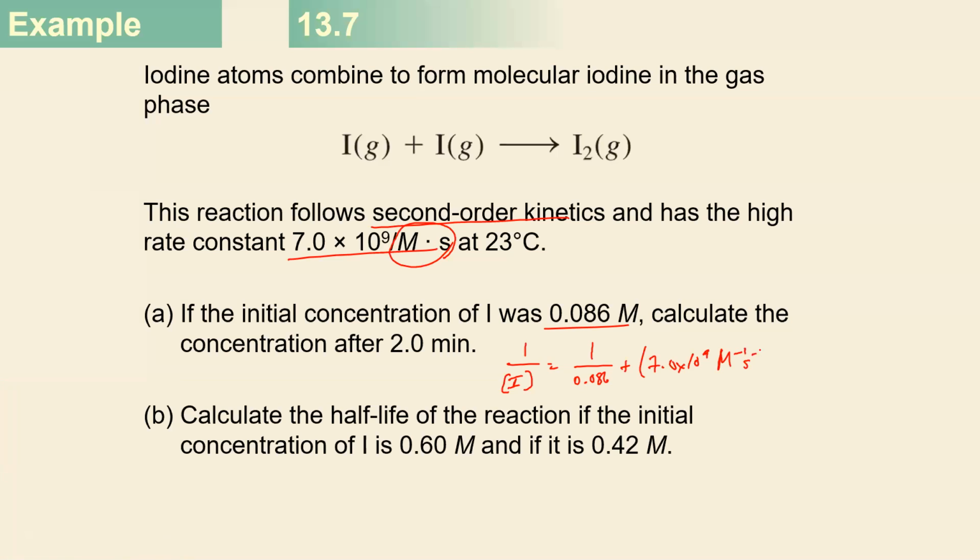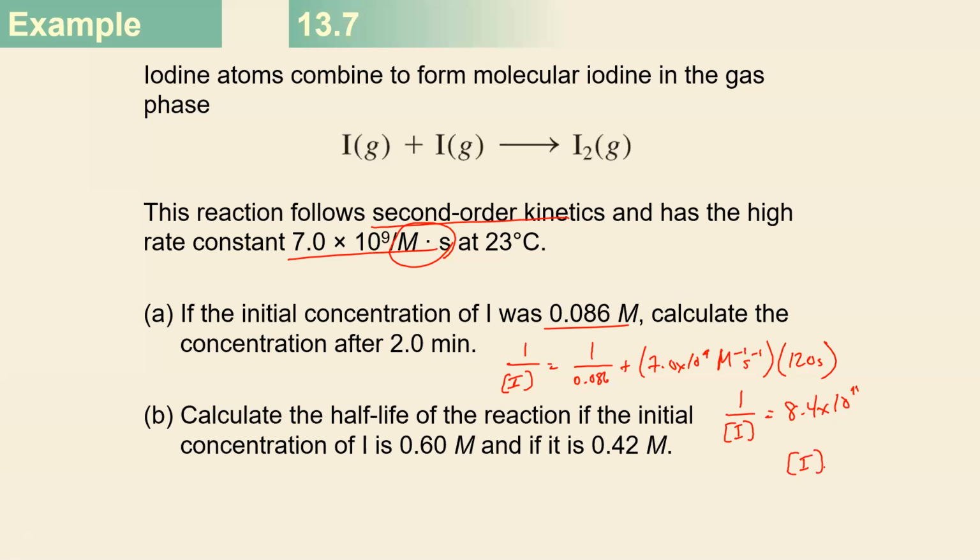Molar to the -1 per second times 120 seconds. So 7 billion times 120. I'm going to add that to 1 over 0.086, and I get 1 over the concentration of I is equal to 8.4 times 10 to the 11th.